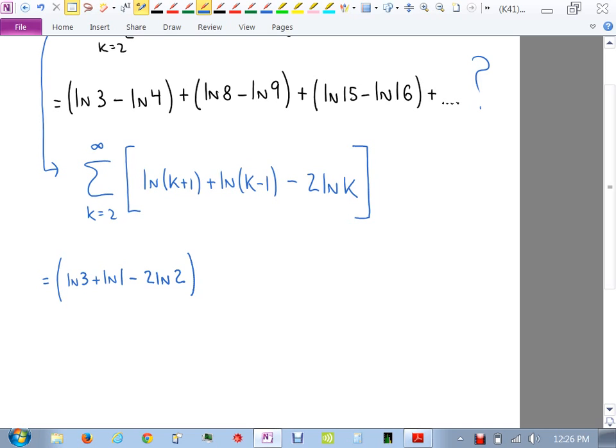All right, that's what I get when I plug in 2. Now plug in 3. So plus natural log 4 plus natural log 2 minus 2 natural log 3.